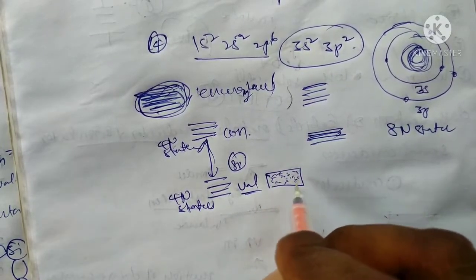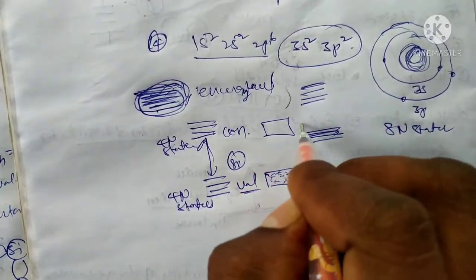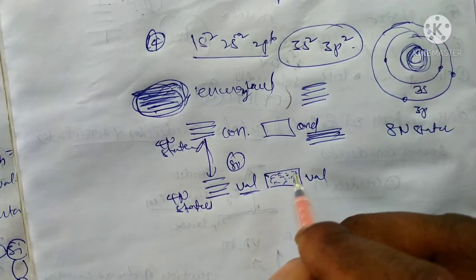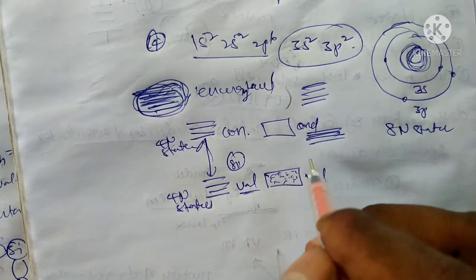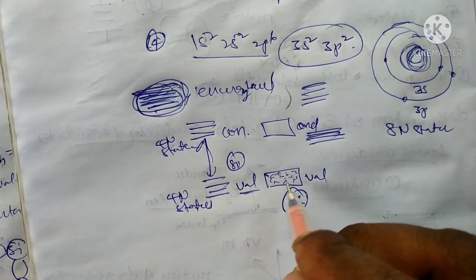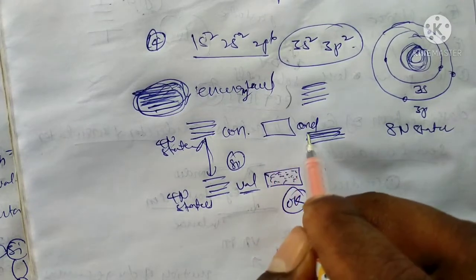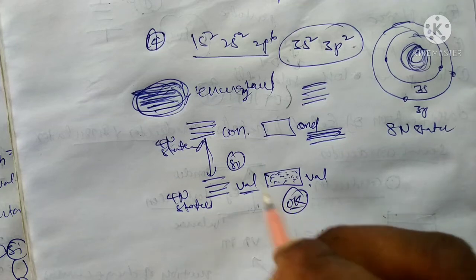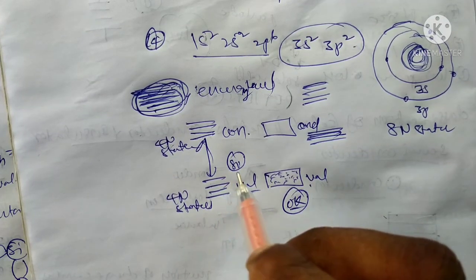The band above the valence band, the empty band, is called the conduction band at 0 Kelvin temperature. At 0 Kelvin, electrons occupy the valence band and the conduction band is empty. This is the example of a silicon atom.